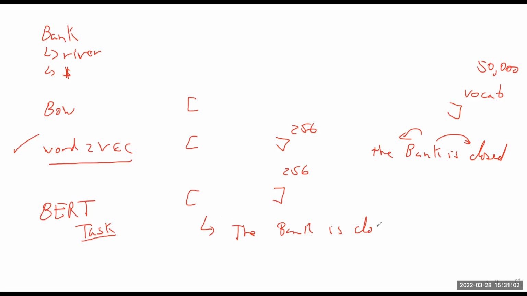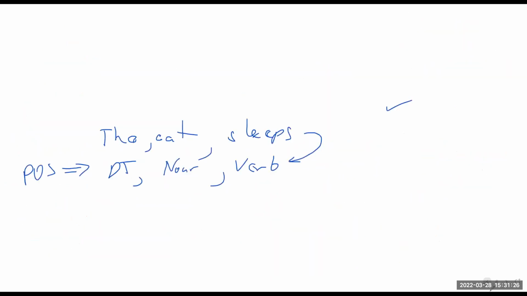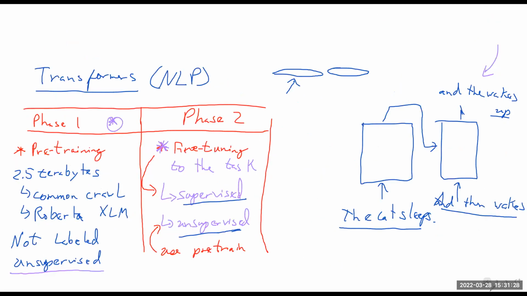The bank is closed and the robbers broke in. Do you see that? Remember that when you feed the transformer, we were giving strings of sequences: the cat sleeps and then wakes.